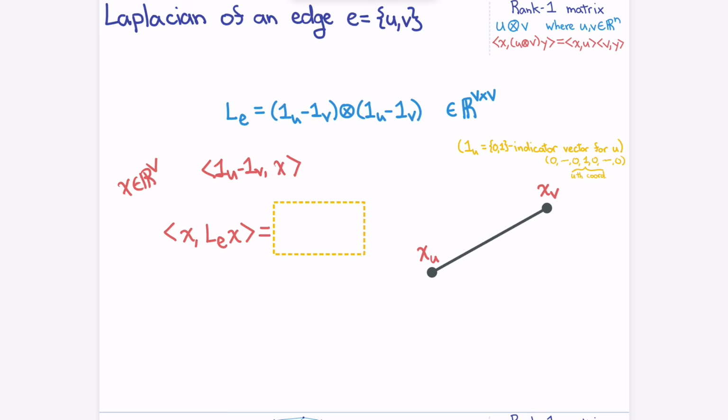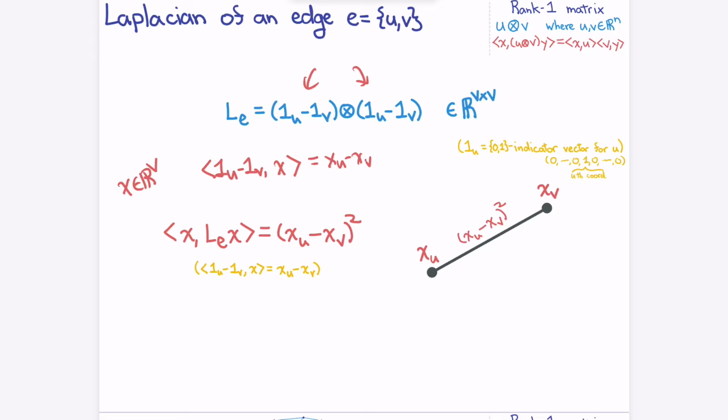Xu minus xv? And this is just doing it to both sides. Okay, so you get something like this. So you have some edge, and you have two values on the endpoints, and you look at their difference squared. Okay, so that would be the Laplacian of a single edge.